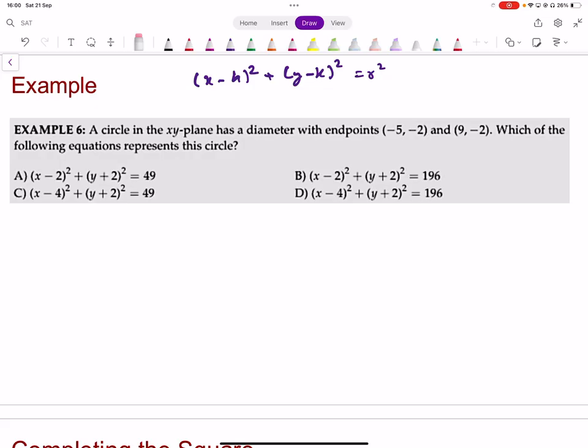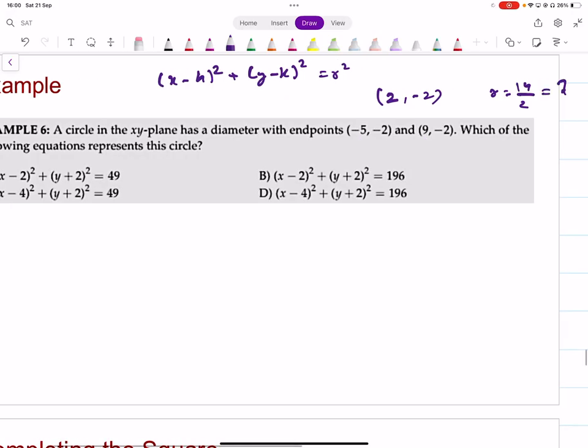What's the midpoint? 2, minus 2. That's the midpoint. And if you notice, the y coordinates are both the same. That means distance is just -5 to 9, which is 14. So radius is 14 over 2, which is 7. You can just subtract these two numbers because y coordinates are the same.